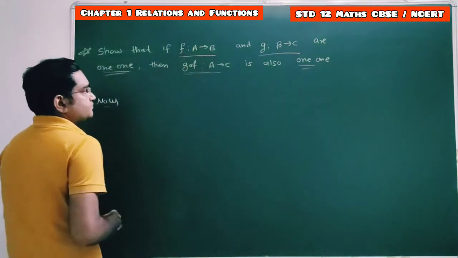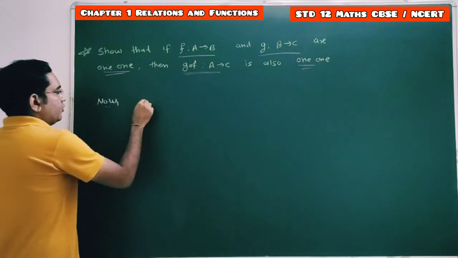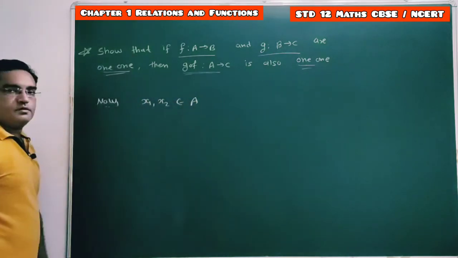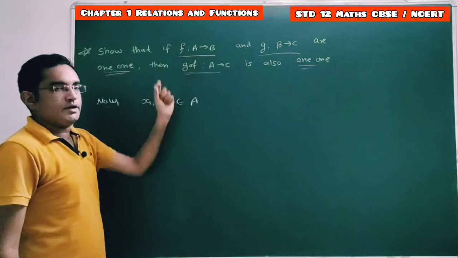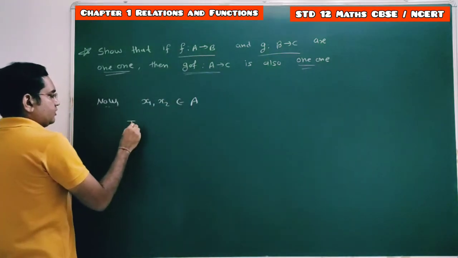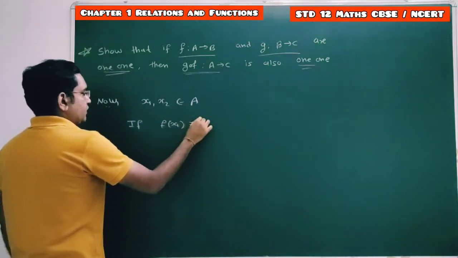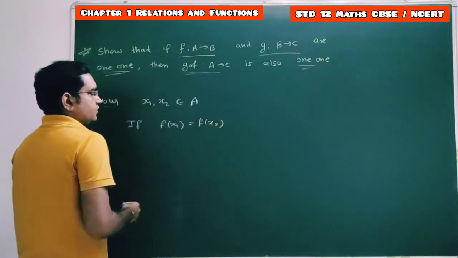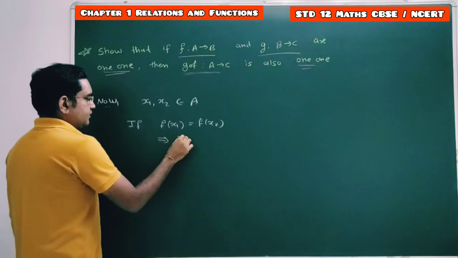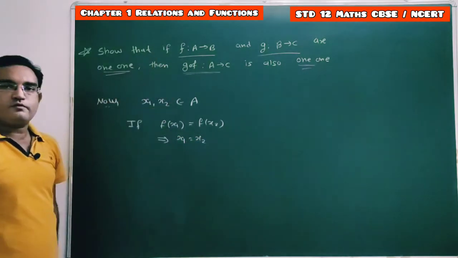For this, we take two elements x1 and x2 from the domain, so let x1, x2 belong to A. Then we check if f of x1 equals f of x2 implies x1 equals x2, and then we can say the given function f is 1-1.